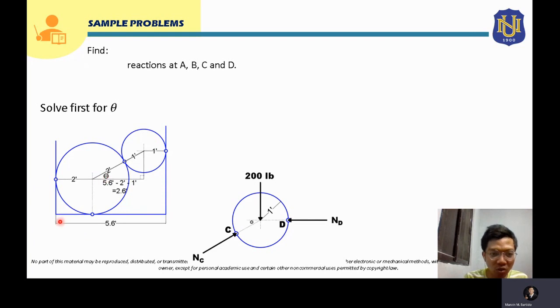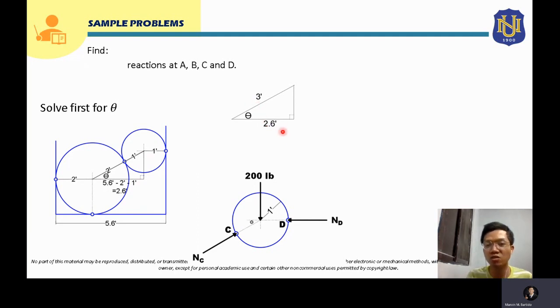Since we know that this distance from here to here is 5.6 feet, and we know that this is 2 feet and this is 1 foot, subtracting 2 feet and 1 foot from 5.6, we can solve for this. 5.6 minus 2 minus 1 is actually 2.6. So from this triangle, again, this side will be 3 feet, this will be the theta, and this side of the triangle is 2.6 feet.